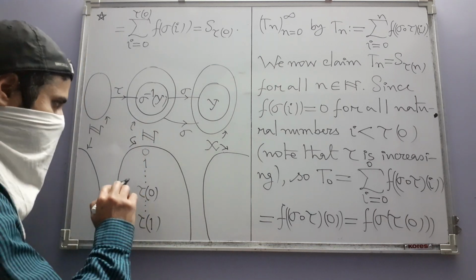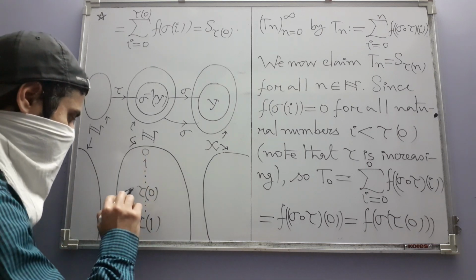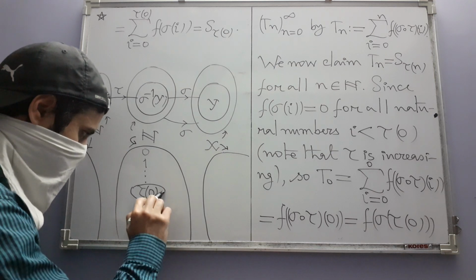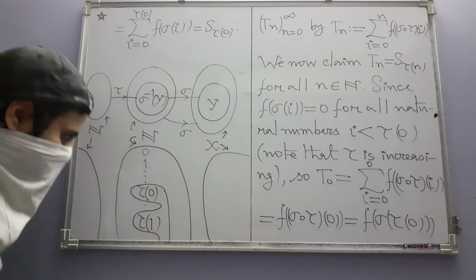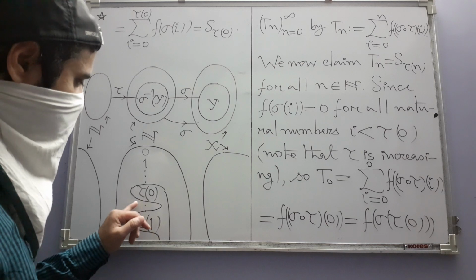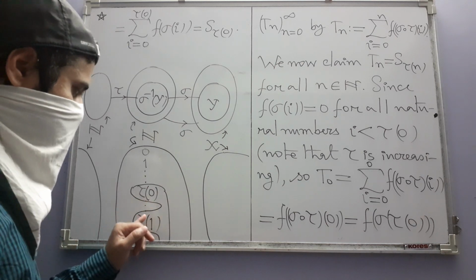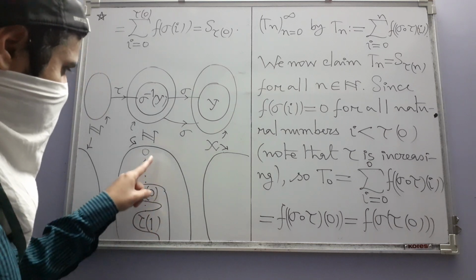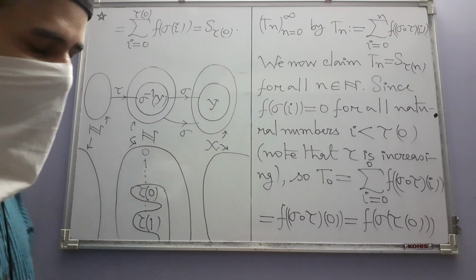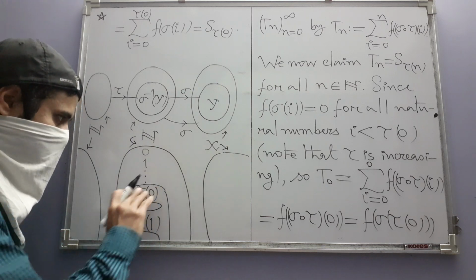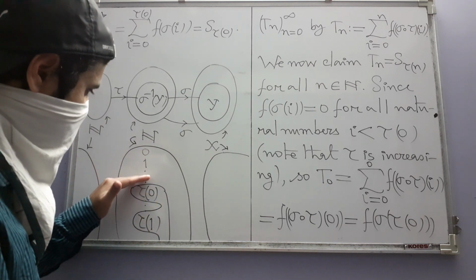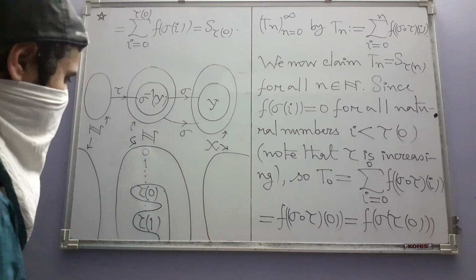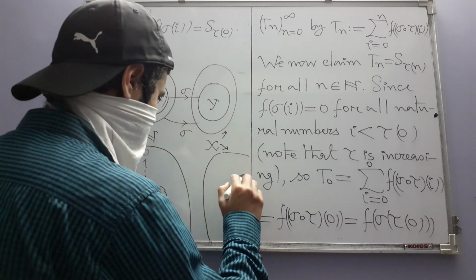So the set sigma inverse of y in n as a subset looks like this, and it goes like that. It captures some elements, misses some other elements in between, possibly. Actually tau of 0 may be equal to 0, we don't really know, but we have allowed for the possibility that there may be some time before an element is captured inside sigma inverse of y. Okay.